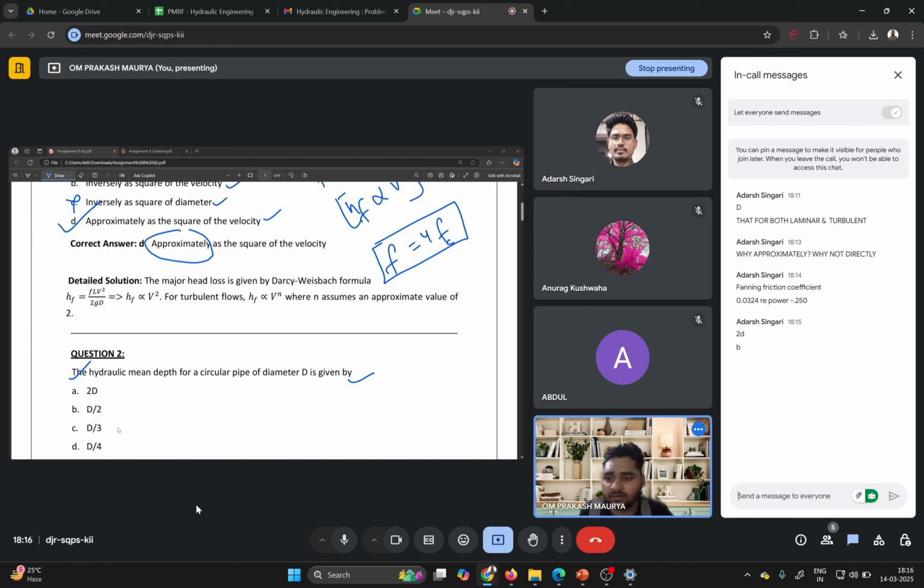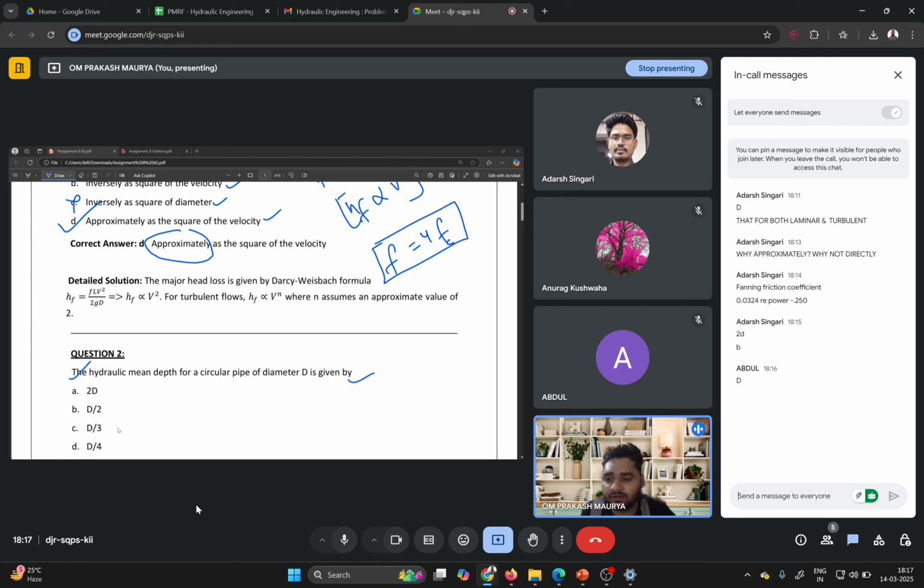Now for question number 2, you are telling option B, or 2D. Okay, what are you writing here? 2D is option A, or finally I think you are telling option B. Okay, and Abdul is telling option D. Other students, please also tell.